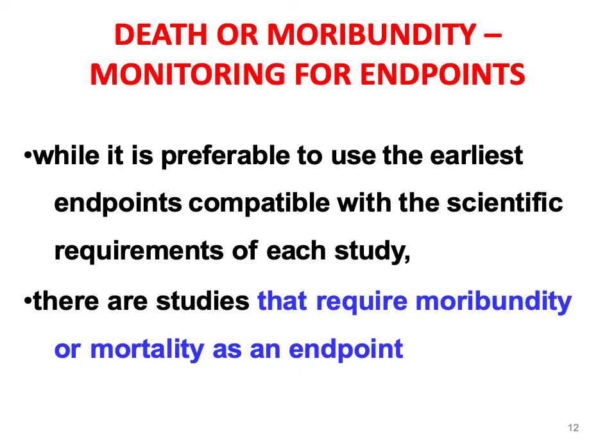Death or moribundity monitoring for endpoints. While it is preferable to use the earliest endpoints compatible with the scientific requirements of each study, this is ethical, there are studies that require moribundity or mortality as an endpoint, described, for example, by the OECD.